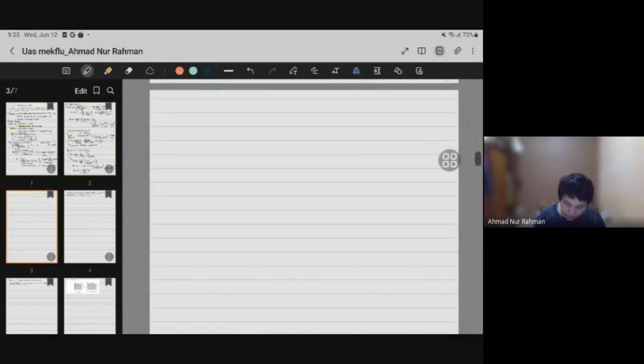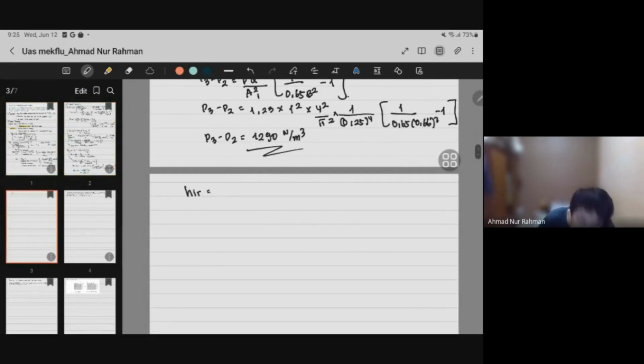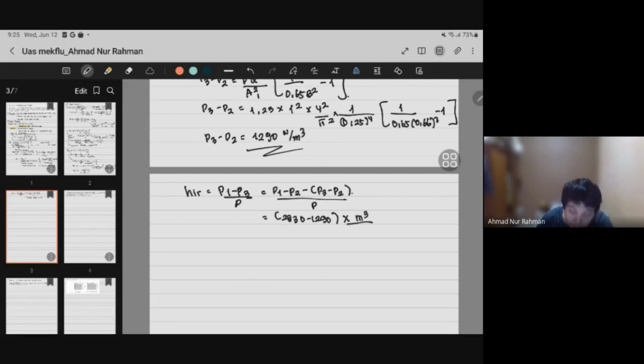The head loss equals P1 minus P3 over rho, which equals (P1 minus P2 minus (P3 minus P2)) over rho. We insert the data. P1 minus P2 is 2,830, minus 1,290, times cubic meter per 1.23 kilogram. So the result we have is 1,250 newton meter per kilogram.